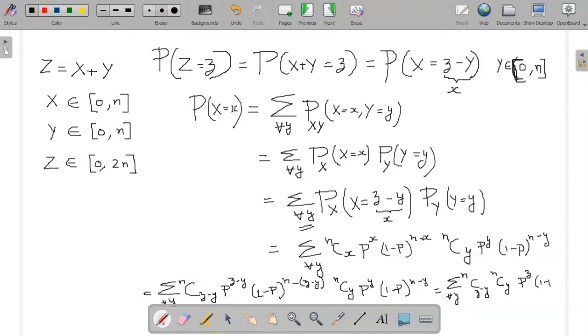Similarly, (1 minus p) raised to power n minus z plus y plus n minus y, so 2n minus z. This whole term is independent of y. So we can take this whole term out of the summation, and only the other term will be left in the summation.